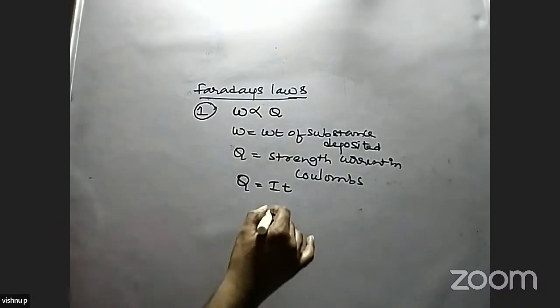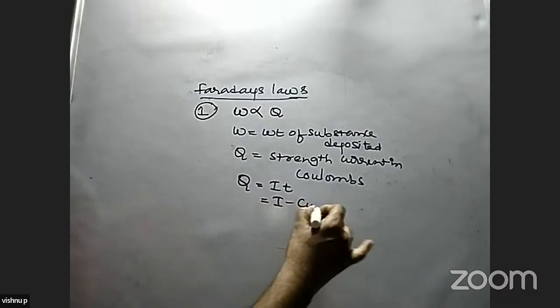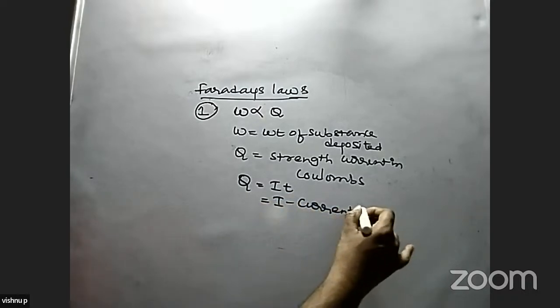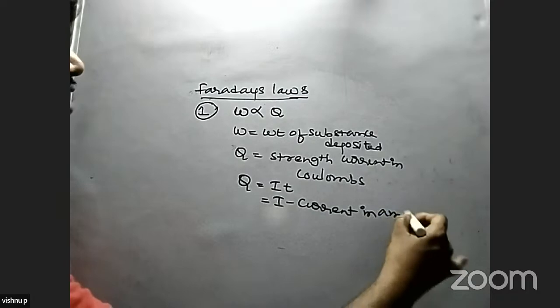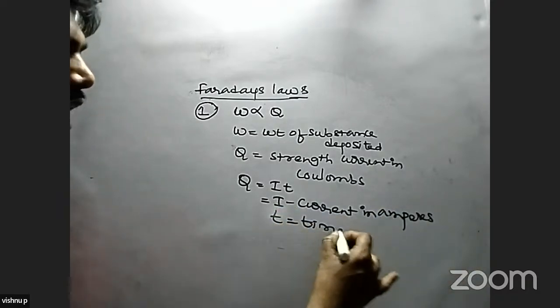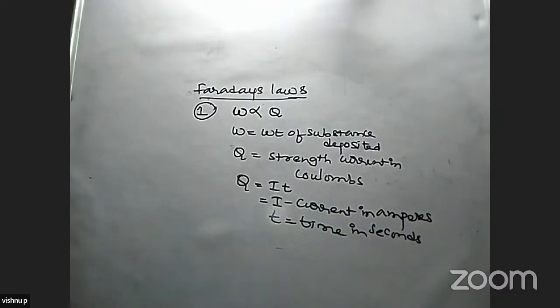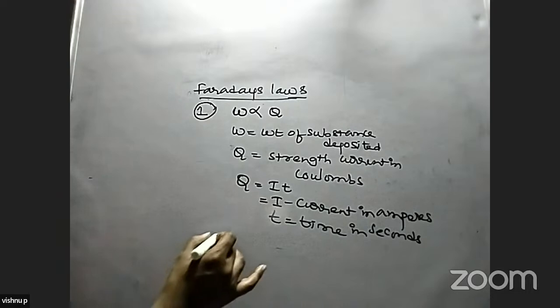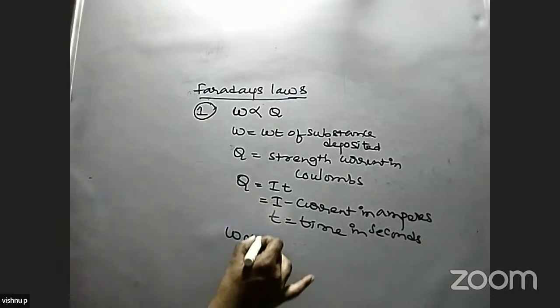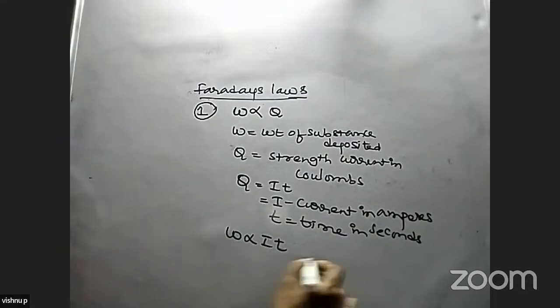What is IT here? Charge in coulombs is equal to I times T, where I is the strength of current in amperes, and T is the time in seconds. So W is directly proportional to IT, or we put a constant here.